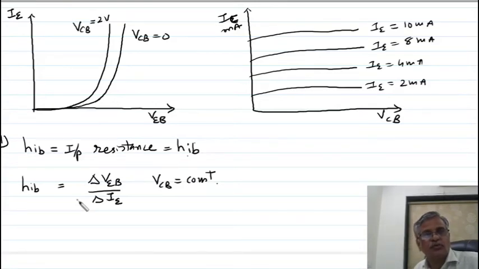It is of the order of 20 to 50 ohm. It is low because you know that it is operated in forward bias.